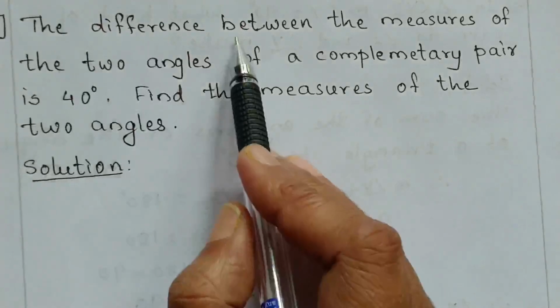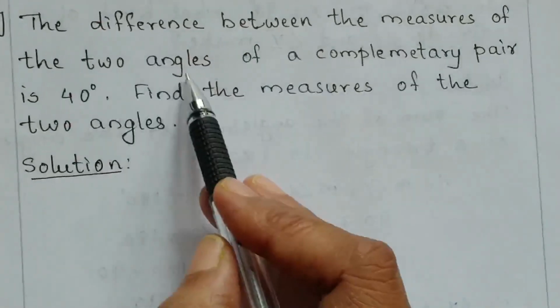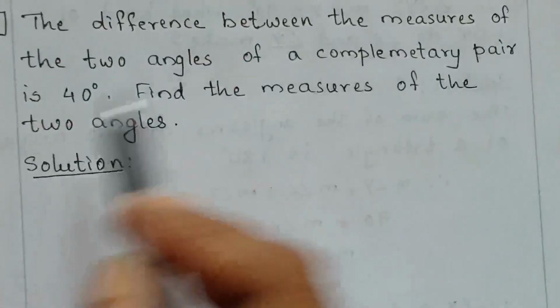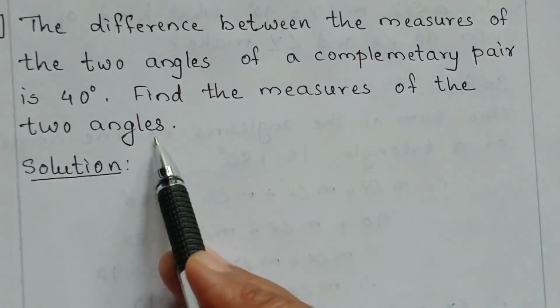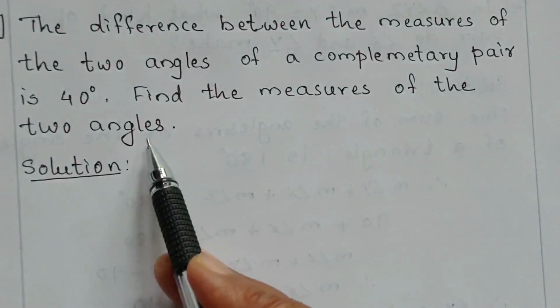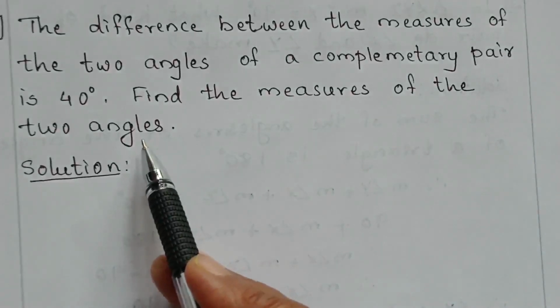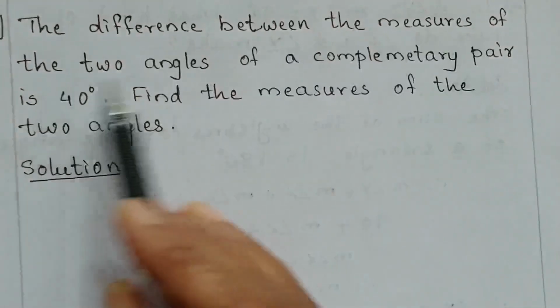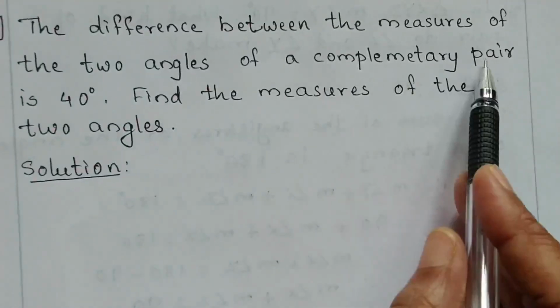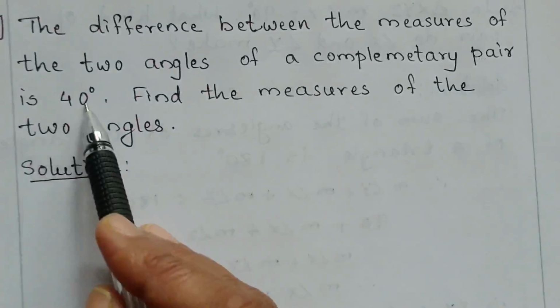The difference between the measures of two angles of a complementary pair is 40 degree. Find the measure of the two angles. I'll read the question once again. The difference between the measures of the two angles of a complementary pair is 40 degree.